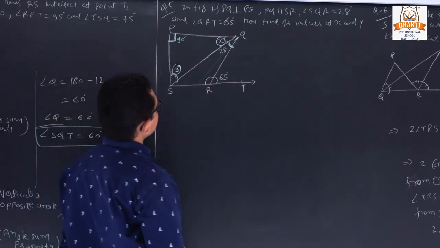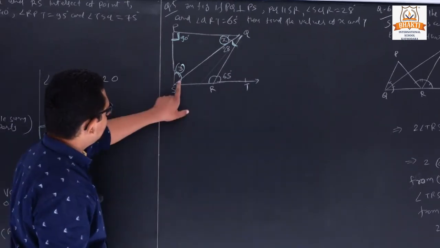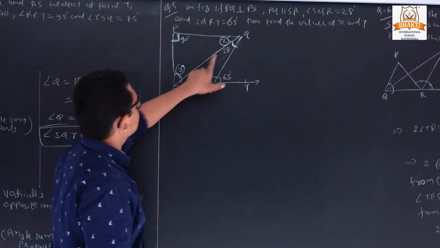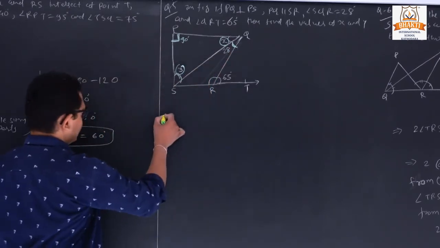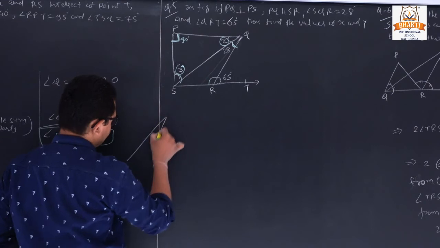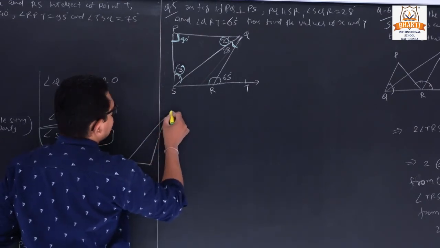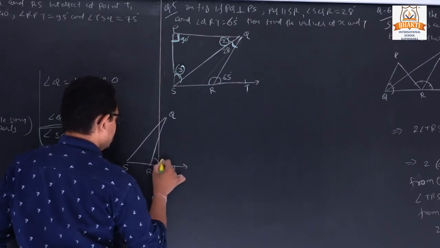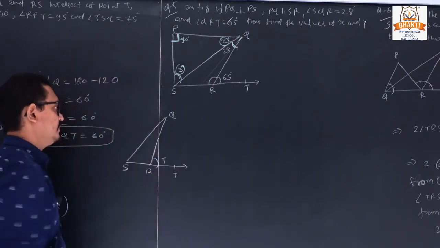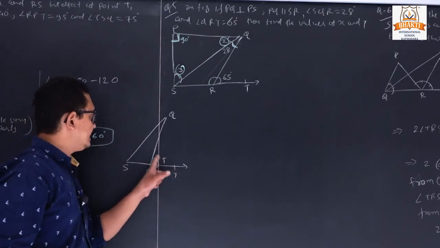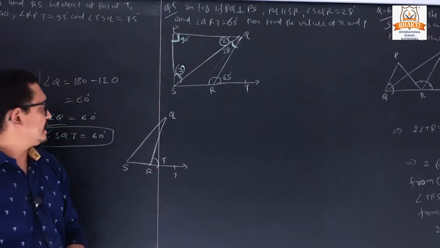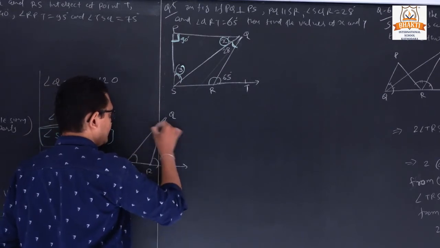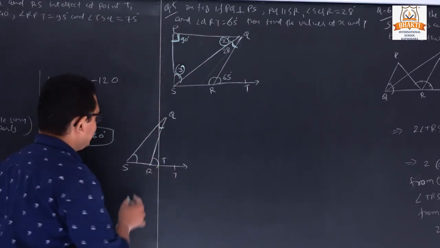So here we have one triangle PQS and second SQR. So we can roughly draw the figure. Here QSR and here it is T. So it is an exterior angle. Clear? QRT is exterior. So we already learned that the exterior angle is the sum of two interior angles. Clear? So what can we write?